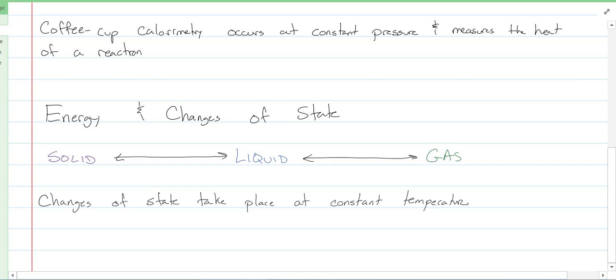So for example, melting ice will remain at 0 degrees Celsius until all the ice is melted.